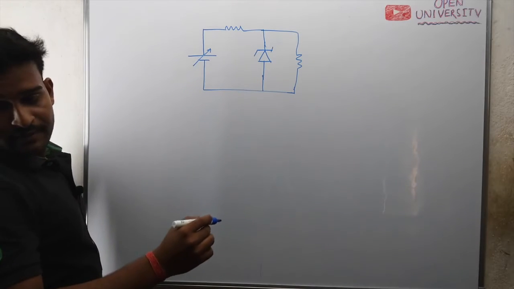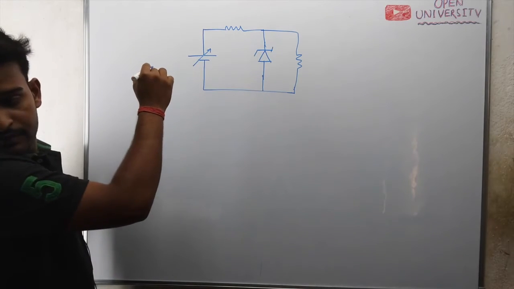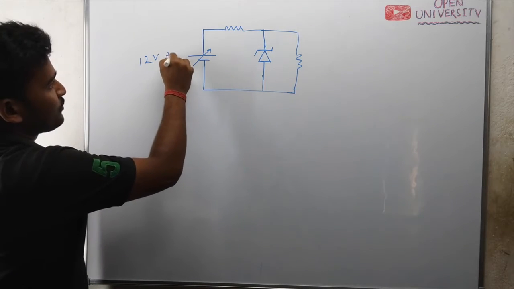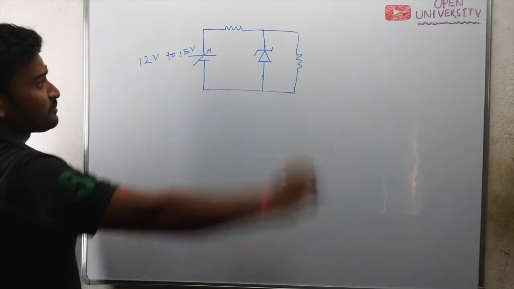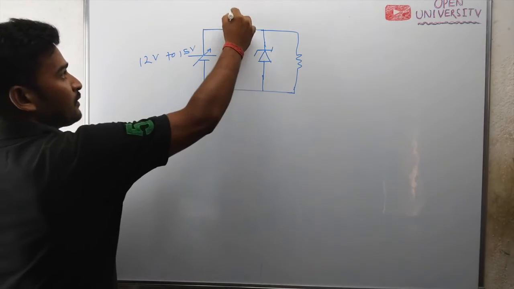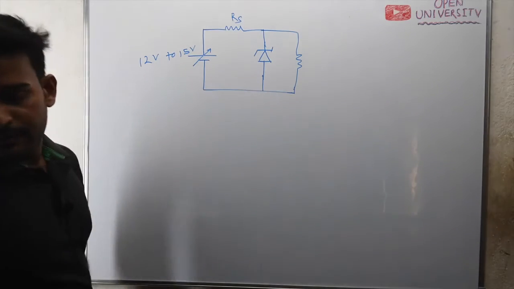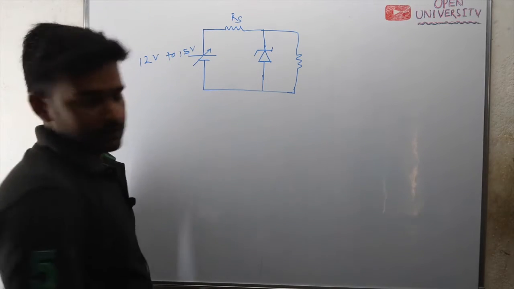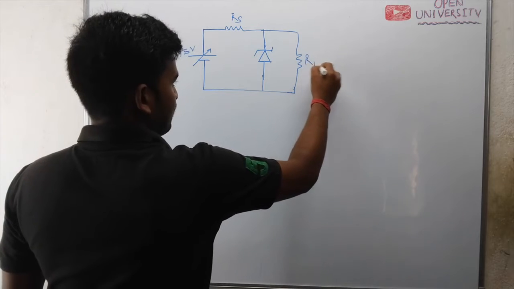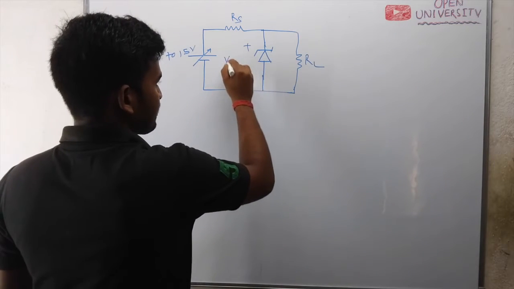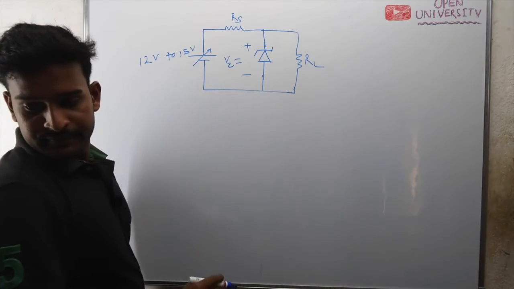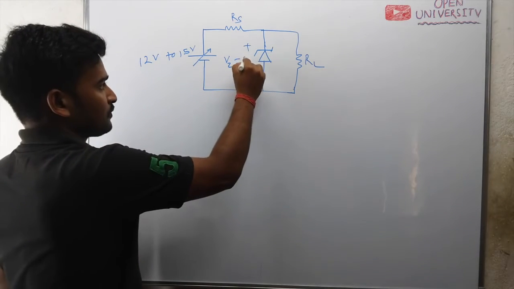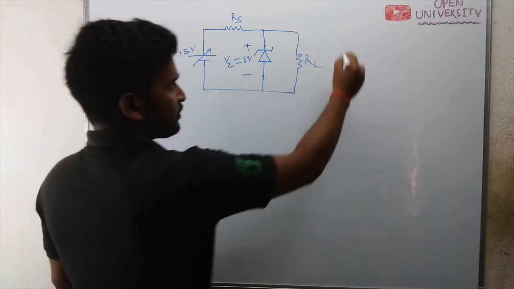This supply voltage Vs is varying between 12 volt to 15 volt. Supply voltage is changing from 12 volt to 15 volt. Okay. It is asked to find out what is the value of RS. This is your RL and this is your VZ, which is given to me 8 volt, and this is your output voltage.